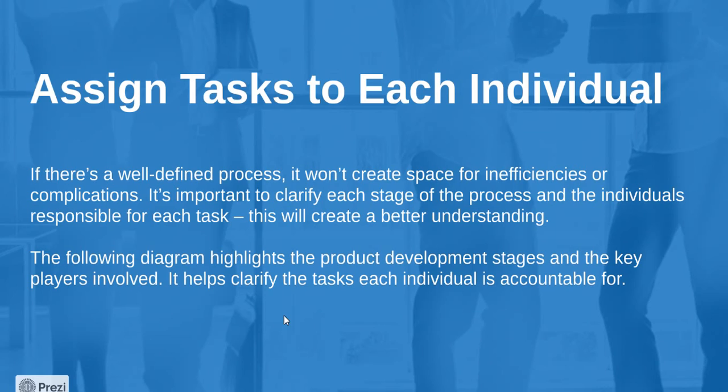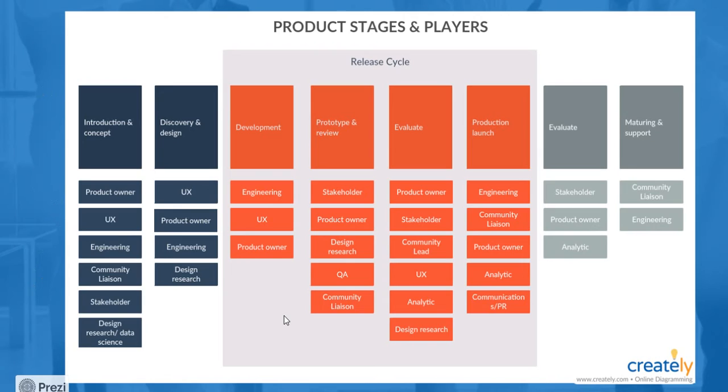The following diagram highlights the product development stages and the key players involved. It helps clarify the tasks each individual is accountable for. So here you can take a look at some examples of the processes and the people involved, okay?